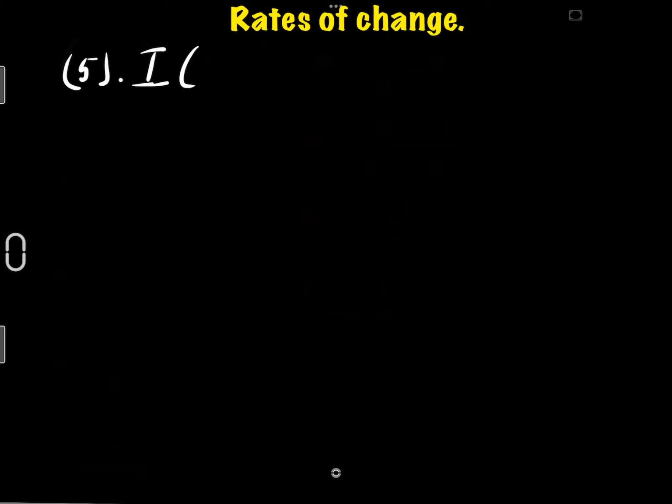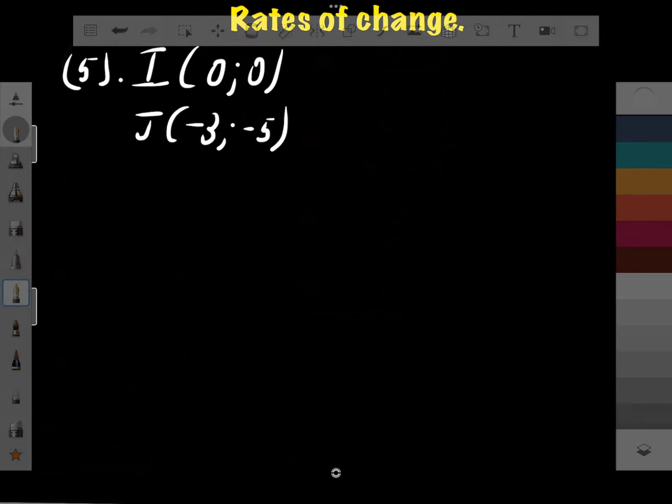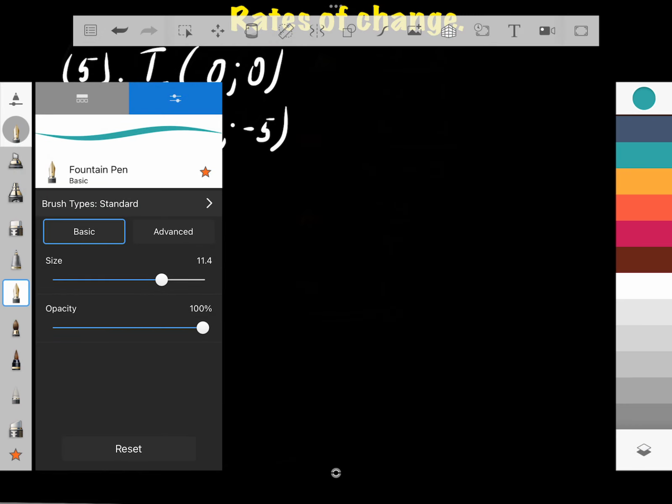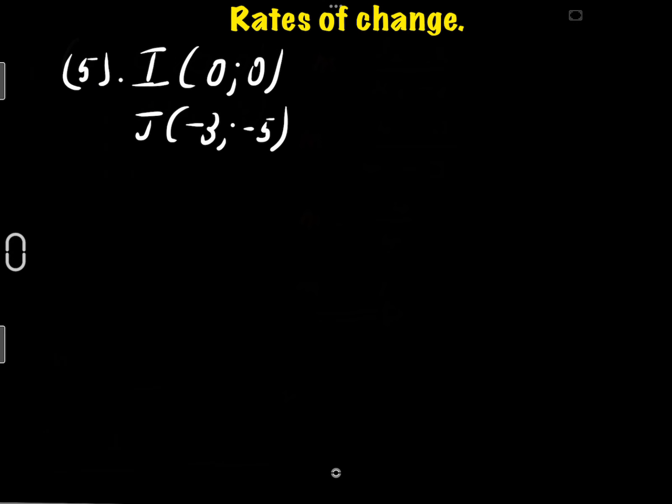So for the coordinates, we have once again the point I at the origin, and then J, where x is equal to negative 3 and y is at negative 5. By calculations, we're going to write our general formula for gradients.